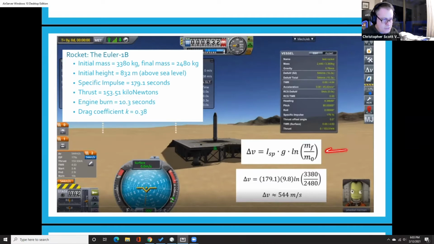But first, you see, I have done this ideal rocket equation. The ideal rocket equation tells you how much velocity you would expect based on that parameter of the specific impulse, a measure of the efficiency of the rocket. Basically, how quickly it can eject mass to provide thrust.